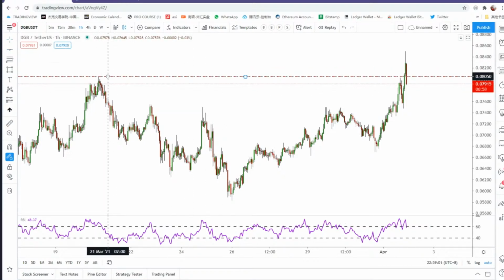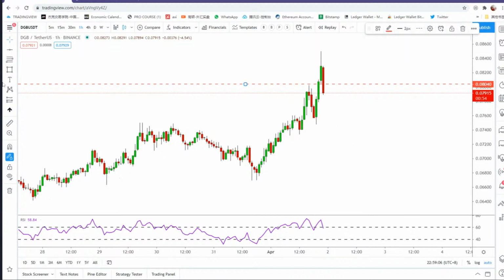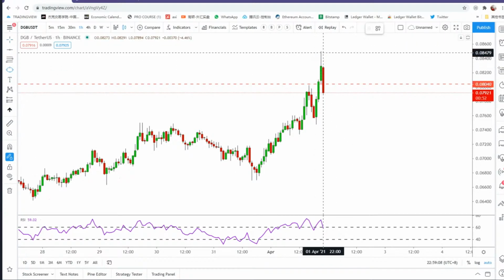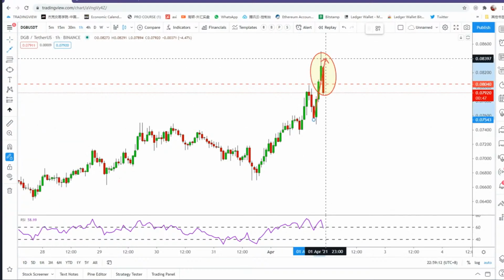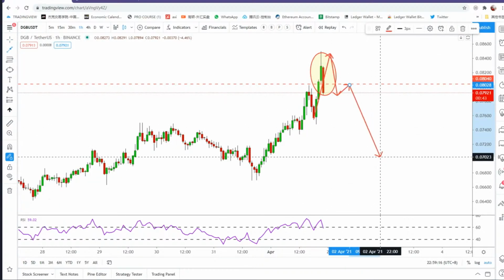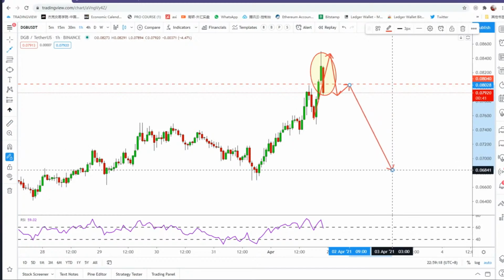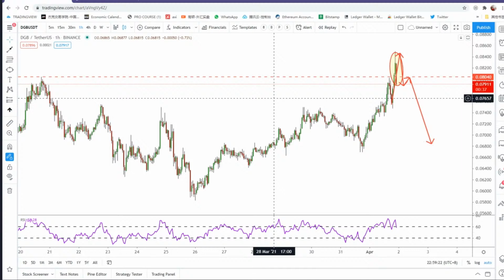This is a previous high. After the breakout, it didn't maintain above and formed an engulfing candle. So this could be a reversal, going back to 0.07 or 0.068. This one I won't suggest you to buy.